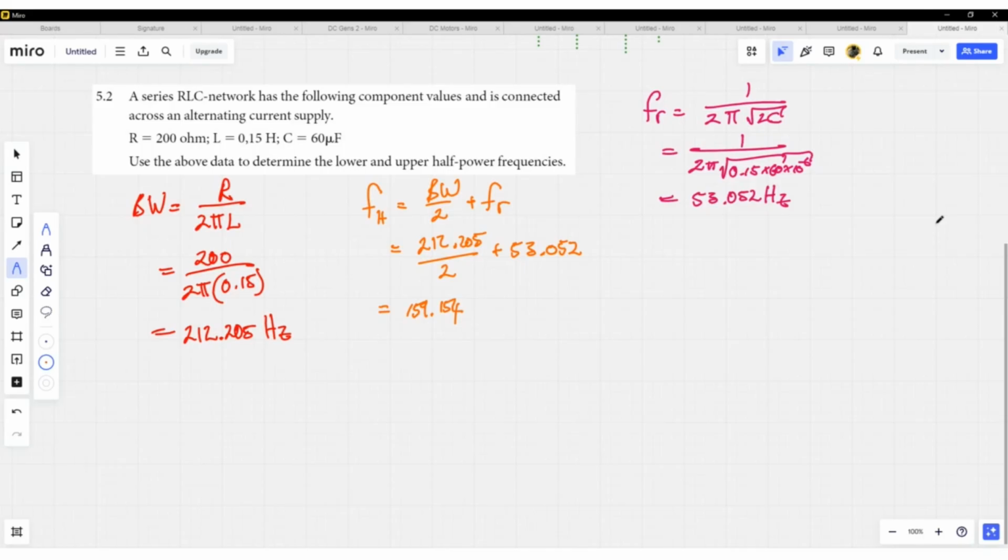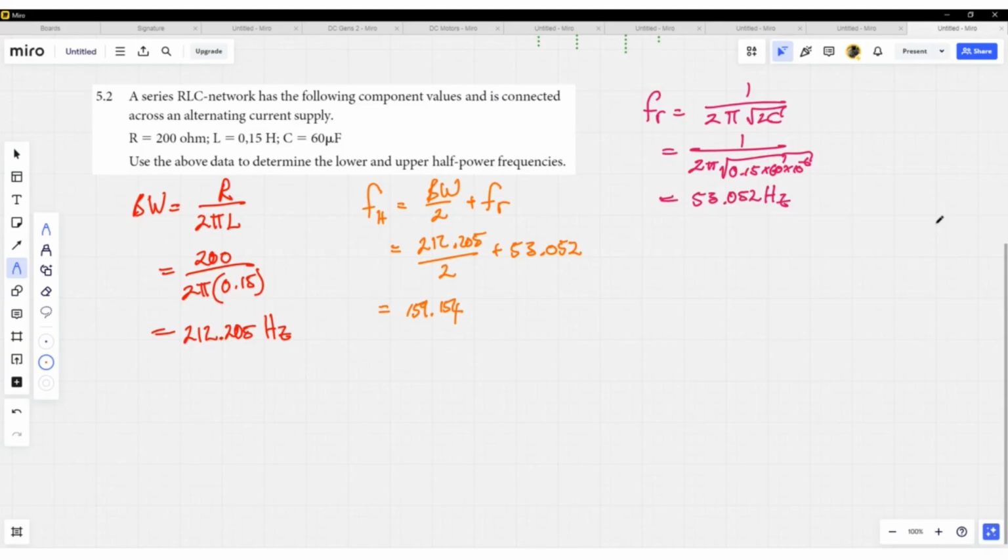Okay, I'm getting 53.053 hertz there. Let's make sure we calculated the bandwidth correctly. 200 divided by 2 divided by pi divided by 0.15. It's 212.